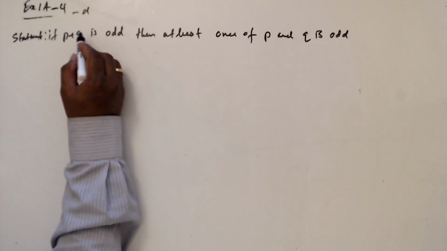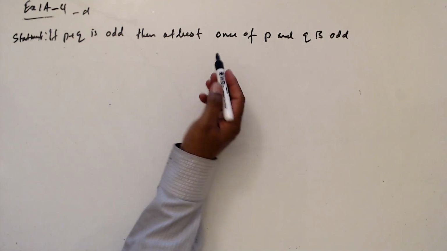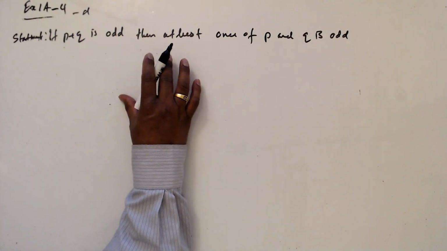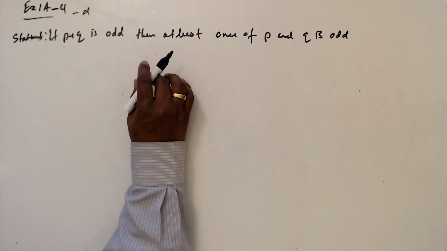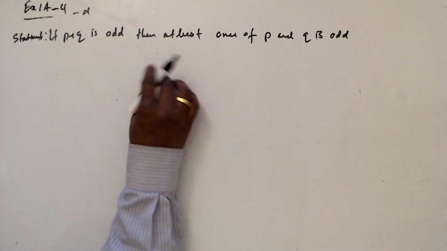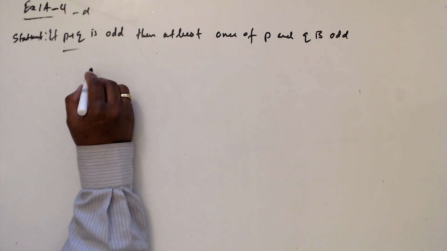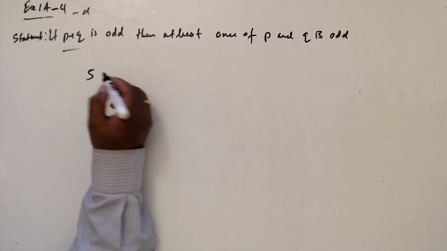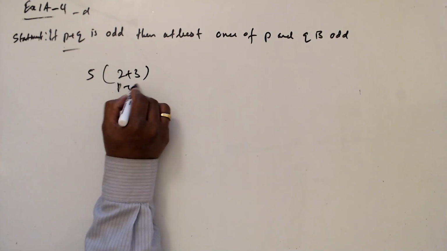Part D, we want to show that if P plus Q is odd, then at least one of P and Q is odd. At least one of P and Q is odd. So if we consider the odd number 5, if I write as a sum 2 plus 3, so this is P plus Q form.